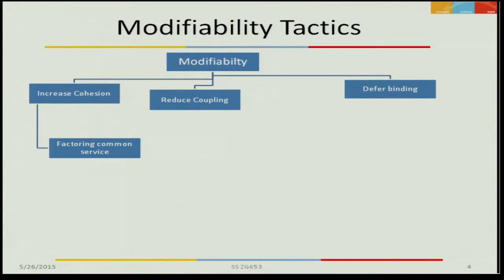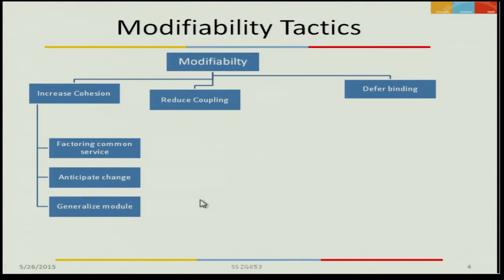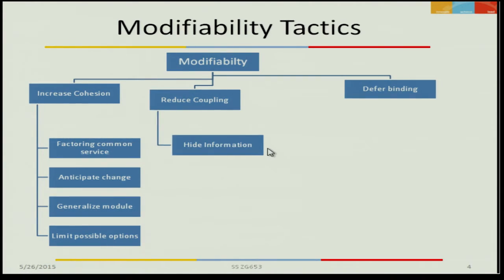So to increase the cohesion, one needs to look at factoring of common services. One needs to anticipate the change and take the action accordingly. One needs to generalize a module as much as possible so that it can absorb the change, or it can also limit the possible options so that it doesn't even create a scenario of things being modified.